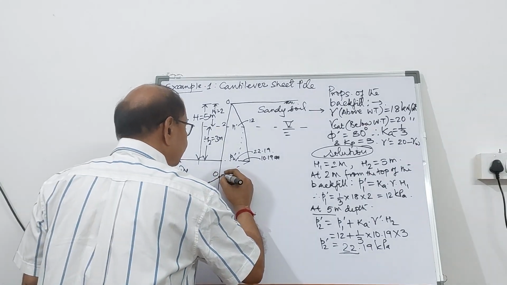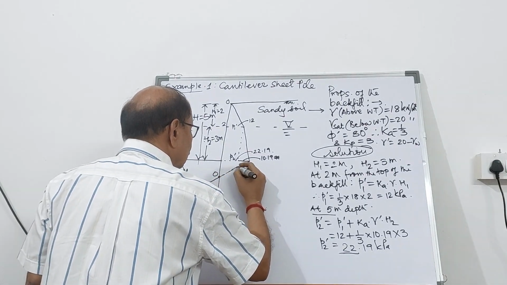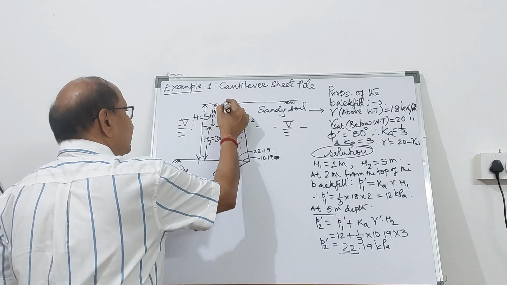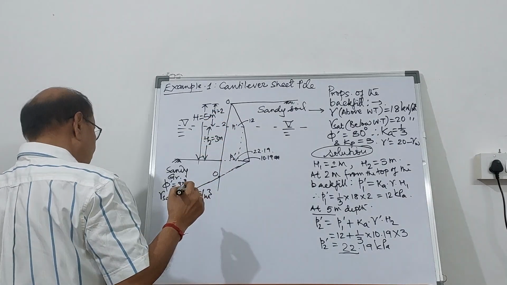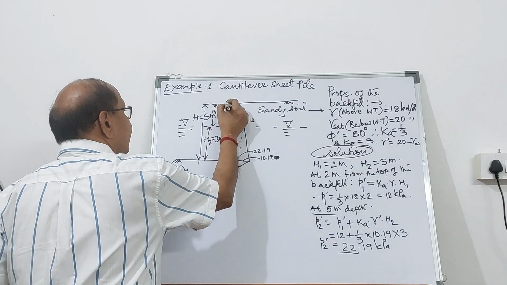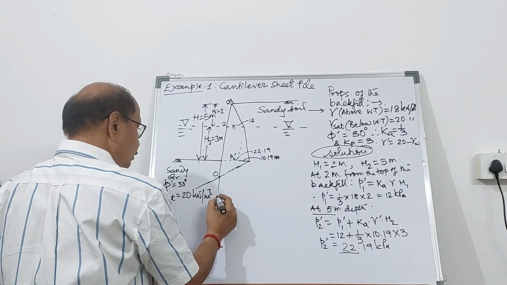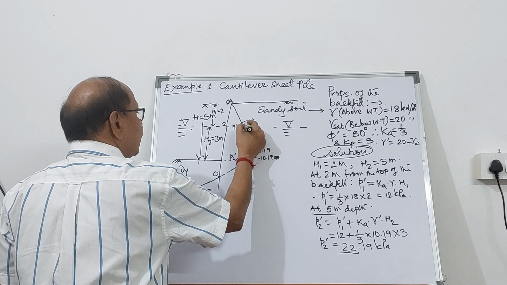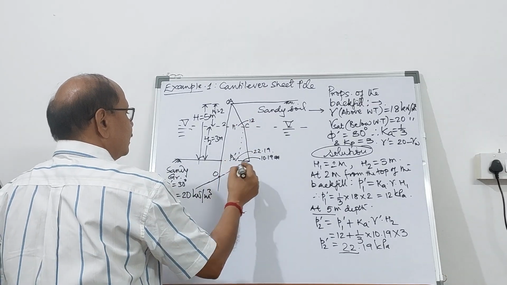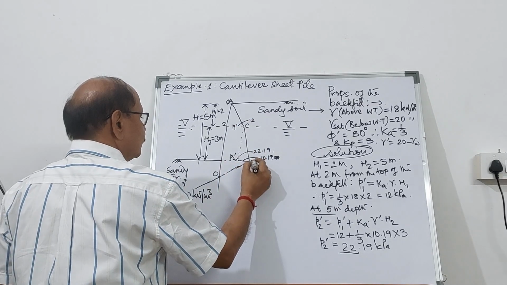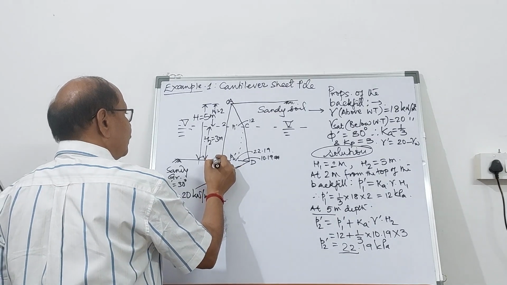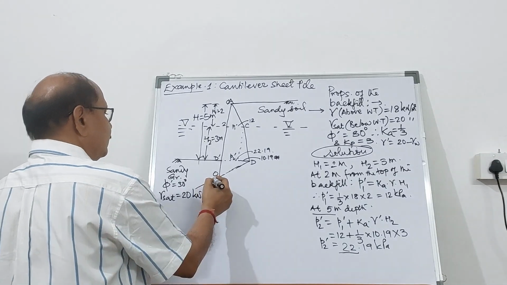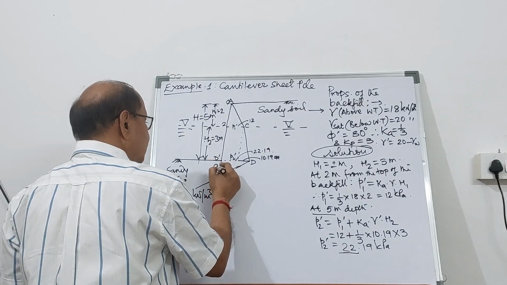So now if I call the top as point A, and bottom as point B, and this, let's say, is C, D, D prime. Okay, then this OD prime becomes the distance a.